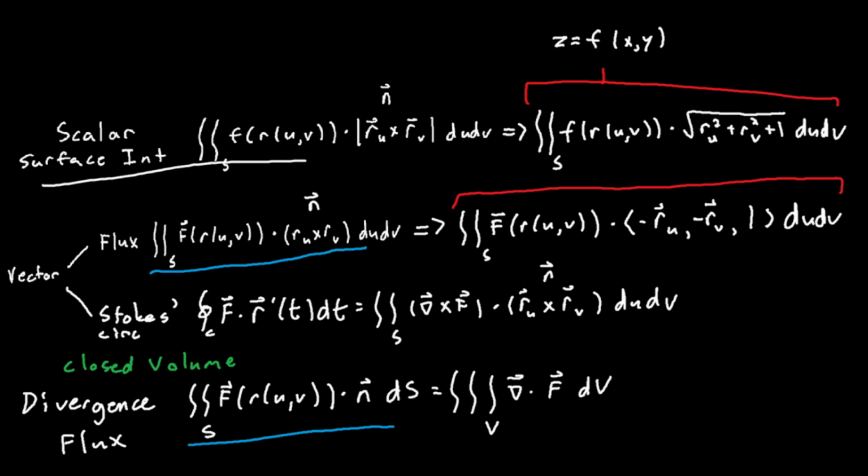And the scalar surface integral can be written like so. These red parts are only if you have explicitly defined functions or explicitly defined surfaces marked by z. And the divergence theorem solves for flux by turning it into a triple integral only if you have a closed volume. But this flux format right here, underlined in blue, is the general way that you can solve for the flux of a surface integral.